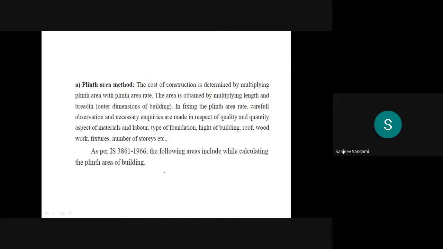Now what exactly is this plinth area method? The plinth area method is where the cost of construction is determined by multiplying the plinth area with its rate. It means per area, plinth area, how much it is. Very simple.